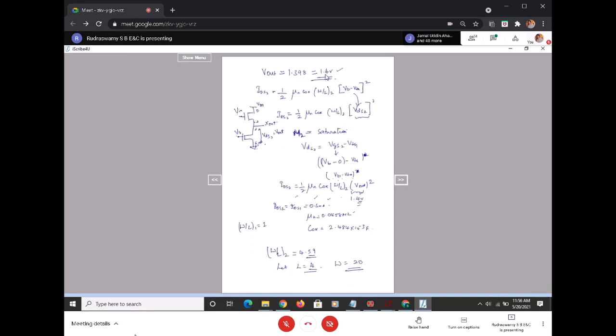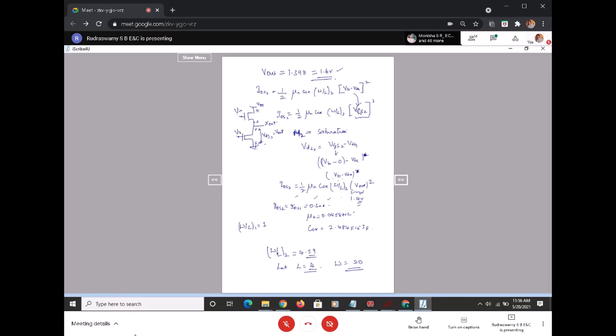Okay, so keeping this V out in mind, we are going to calculate the W by L of the load transistor M2. IDS2 is equal to IDS1. Mu n is known, COX is already calculated, and VGS is basically VB minus 0, so VB minus VTH whole square.